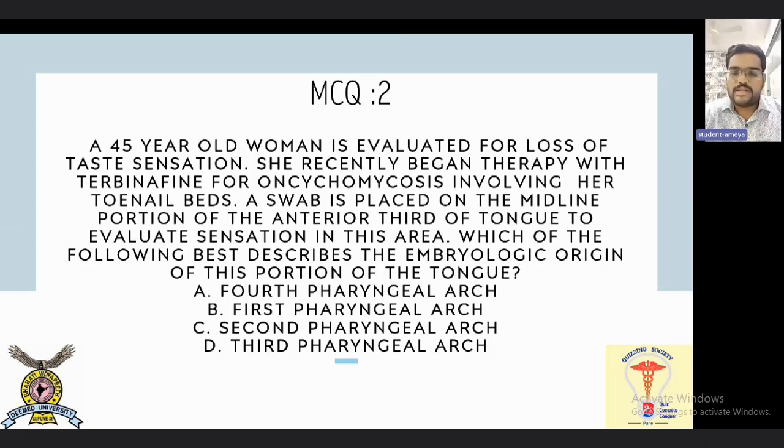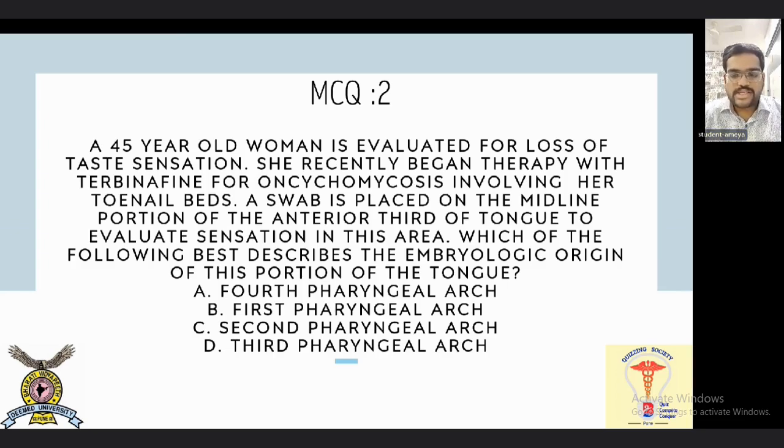Now, embryologically, the nerve supply of the anterior thirds of tongue comes from the first pharyngeal arch, from the branches of the trigeminal nerve, to be specific. So that is why the answer to this question is first pharyngeal arch and not second pharyngeal arch.